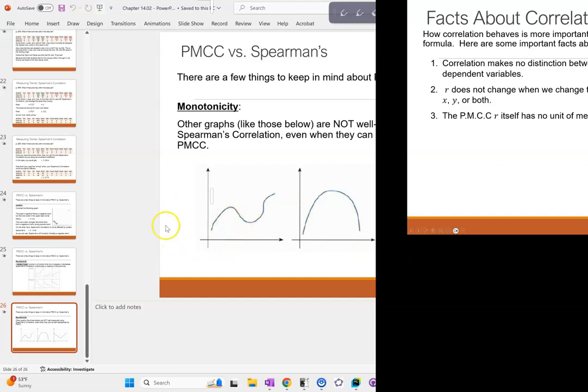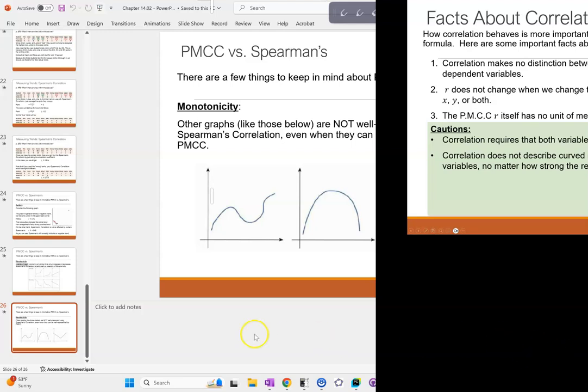That PMCC statistic has no unit of measurement. It's not a percentage. It's not feet or inches or meters. It has no unit at all. We can only do this with quantitative data. So if you have, what's your favorite color? I can't do a PMCC with that, right?